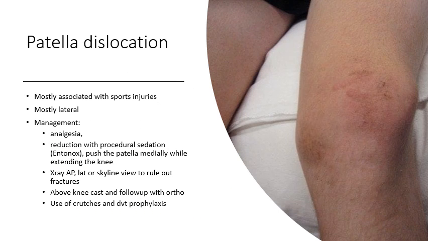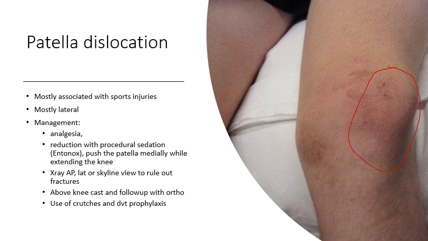Okay, this has not been asked till now, but can come as a question. What you see is a patella dislocation. You can see over here, the patella has been dislocated towards the lateral side. These are mostly associated with sports injuries.